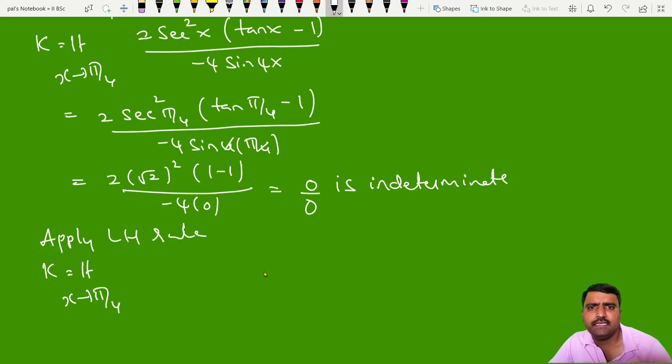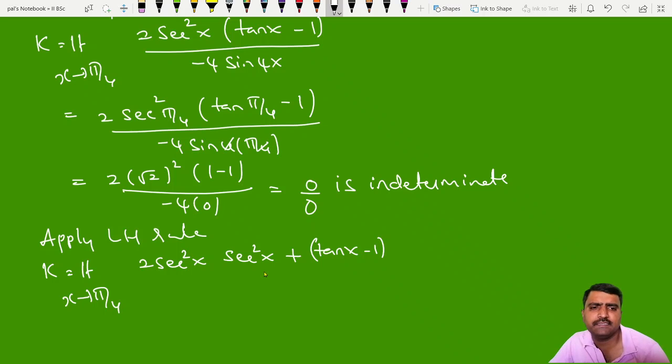To apply L'Hospital's rule, you have to differentiate the numerator: 2 secant square x into differentiation of tan x minus 1 is secant square x, plus next step you take tan x minus 1 as it is.